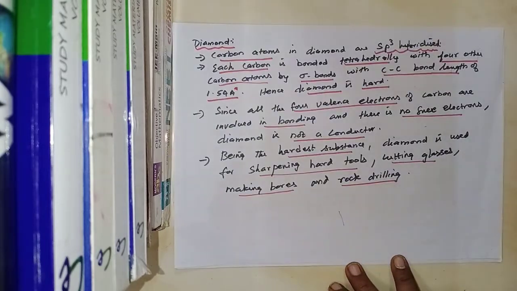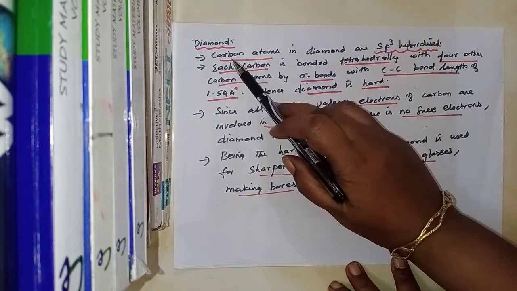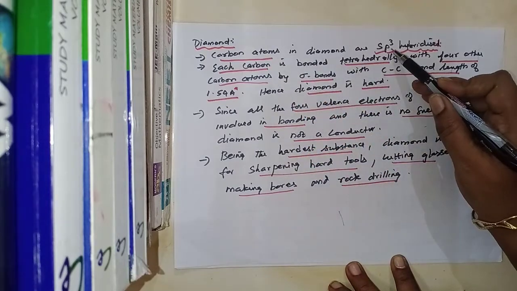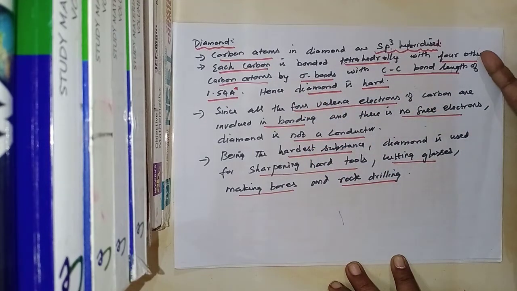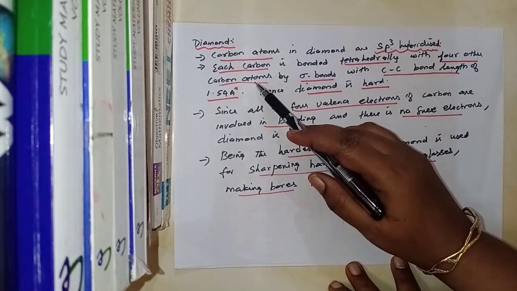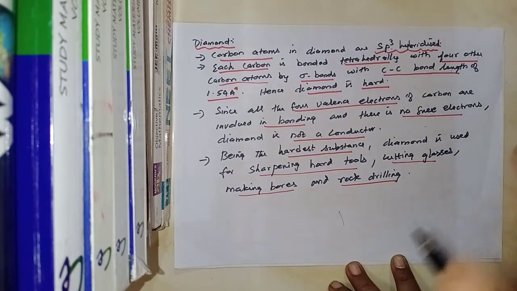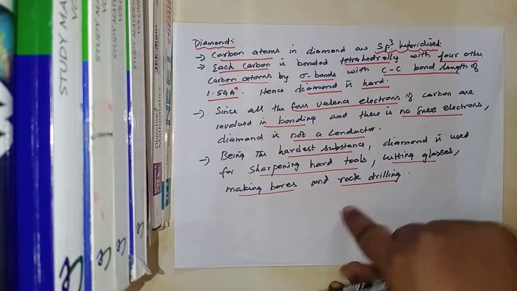Next we'll see diamond. Carbon atoms in diamond are sp3 hybridized, whereas graphite is sp2 hybridized, with only 3 bonds and one free electron.